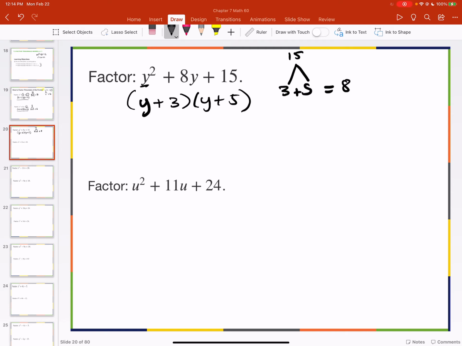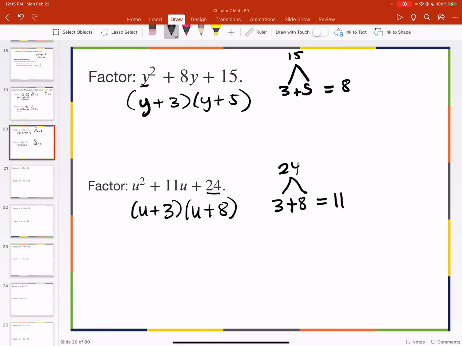Let's try the next one, u squared plus 11u plus 24. So then you have 24 on top, the c. What are the factors of 24 that add up to 11? You have 3 and 8, because 3 times 8 is 24 and 3 plus 8 is 11. So u plus 3 and u plus 8. That's it for that one.